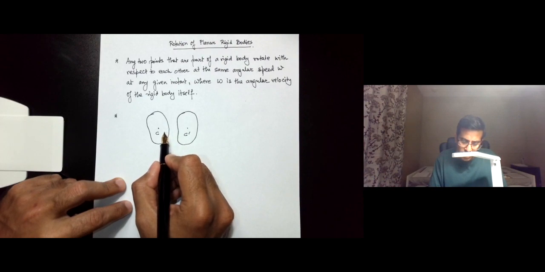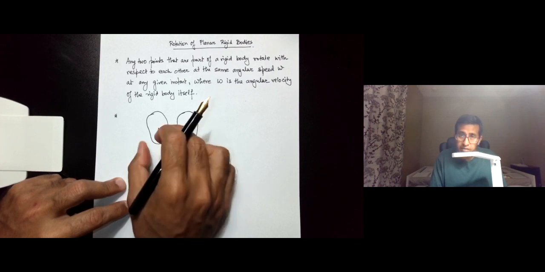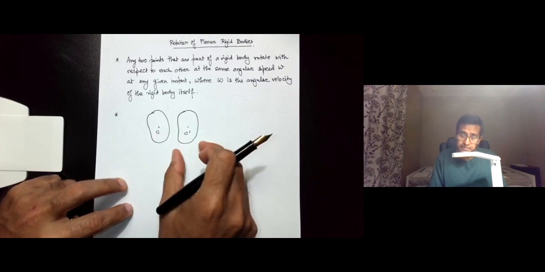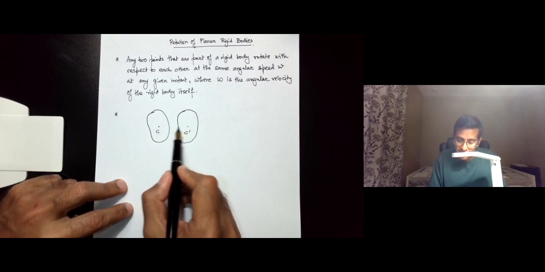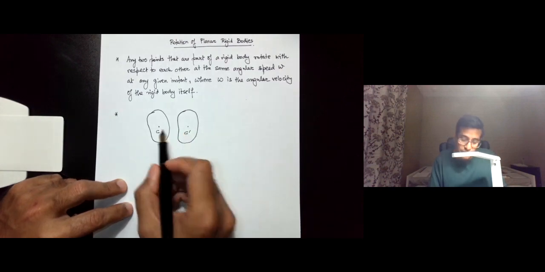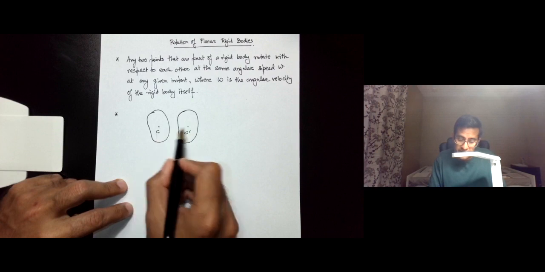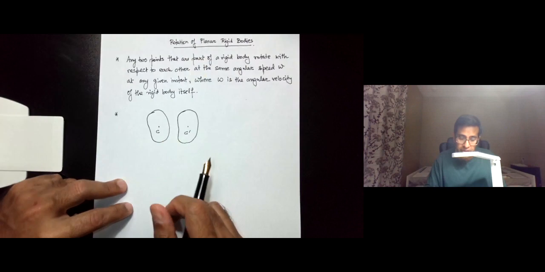So now as the rigid body went from this location to this location, you can consider this motion to be a motion where the center of mass has translated and then the rigid body has rotated a little bit.